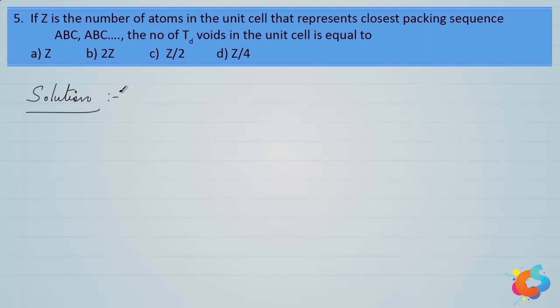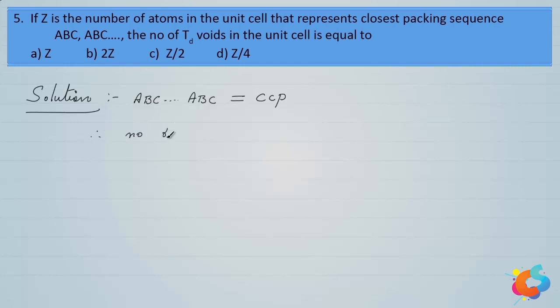ABC arrangement of layers is found in the CCP system, that is cubic close packing system. In this, atoms are at the corners as well as at the face centers of the unit cell.